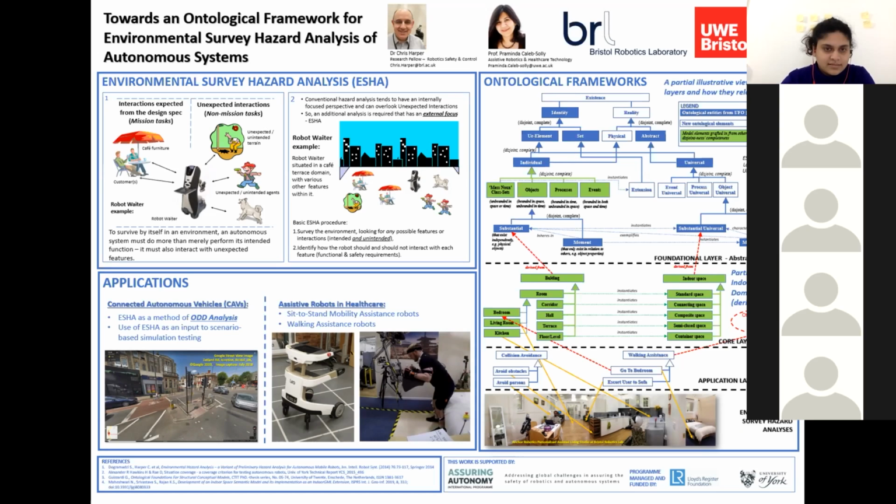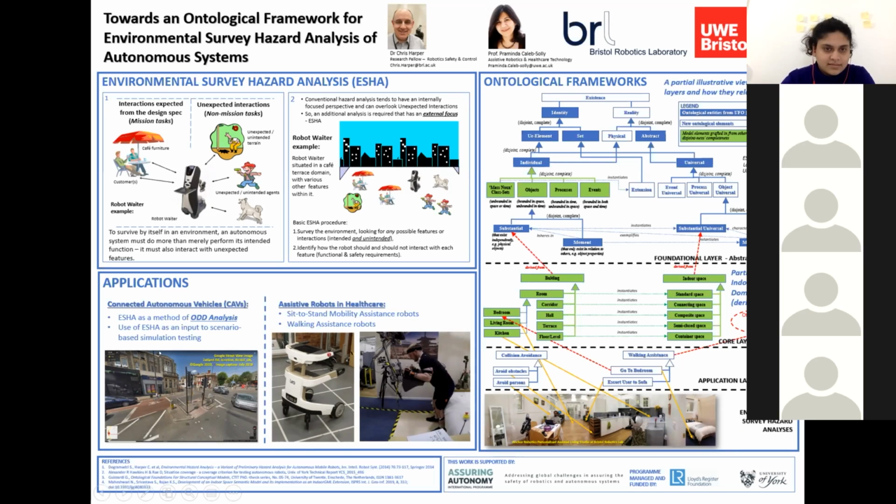So what we're doing, and this is the current work, is trying to develop a large ontological knowledge representation framework. The general look and feel of it is presented in the panel on the right-hand side, and that will then support the identification of features in the environment.